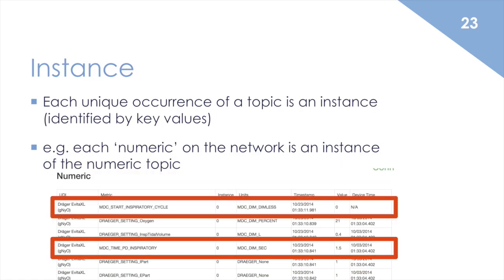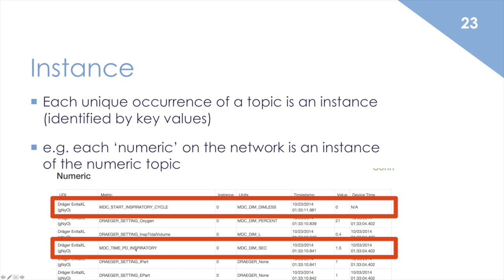DDS has a special feature that each unique occurrence of a topic is termed an instance, and it's identified by a primary key. So you can see some examples here. For instance, the inspiratory time period from a Draeger Evita XL ventilator, measured in seconds, constitutes one instance of the numeric topic.